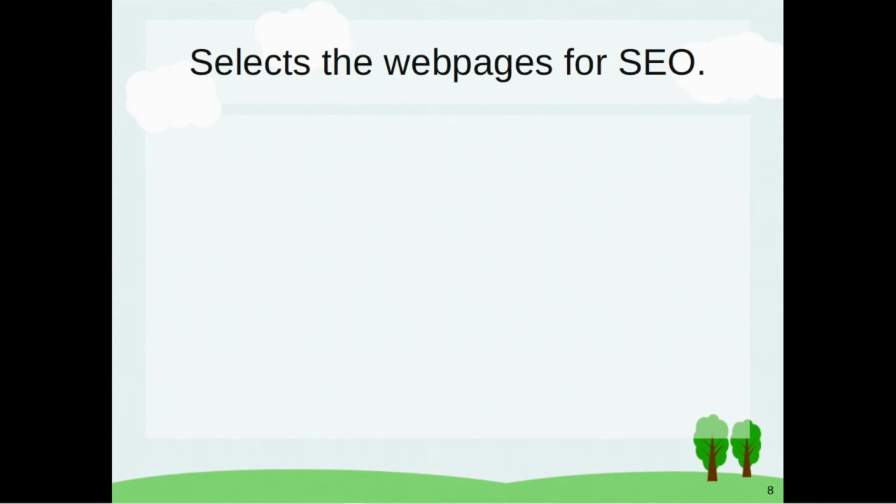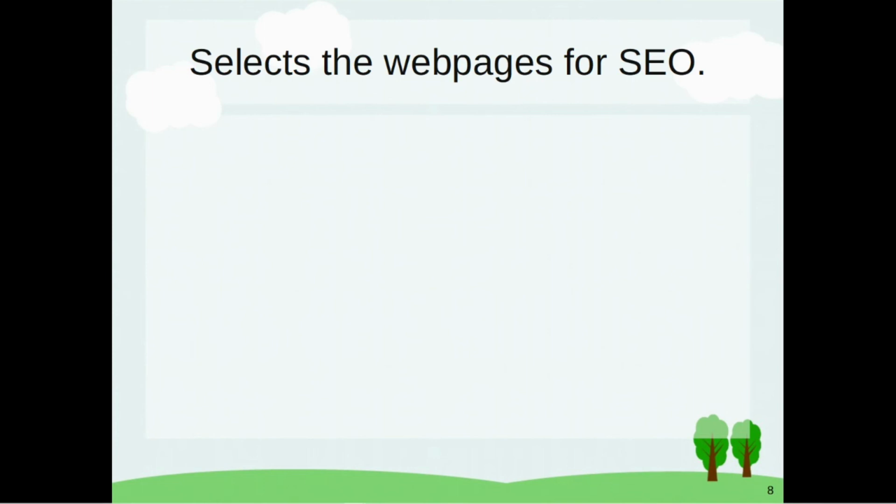After that, we will see selecting the web pages for SEO. Here is some basic knowledge I want to give you at this time: we can't do SEO for the total website. As you know, a website is a collection of web pages. If my website has 50 pages, we can't do SEO for all of them.